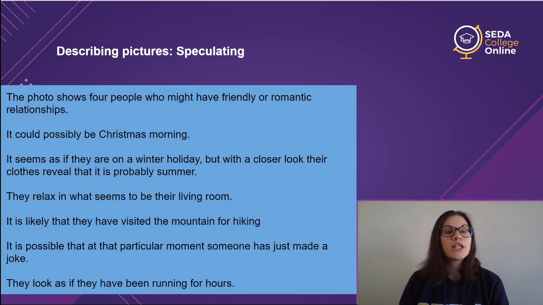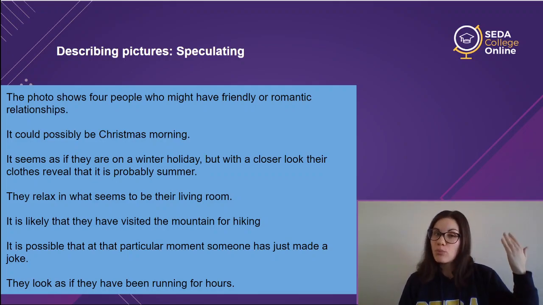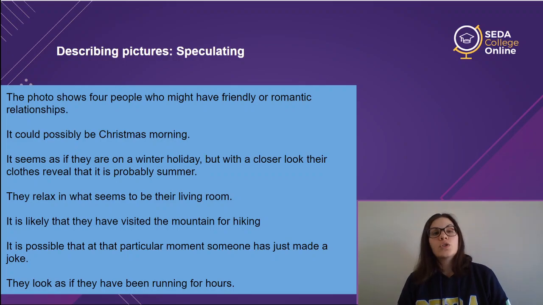I want you to look at these sentences. These are taken from the examples we saw before, from our example pictures. And go to the comments and the live chat, write down which are the words, which is the vocabulary that we use to speculate, to show that we are not sure.